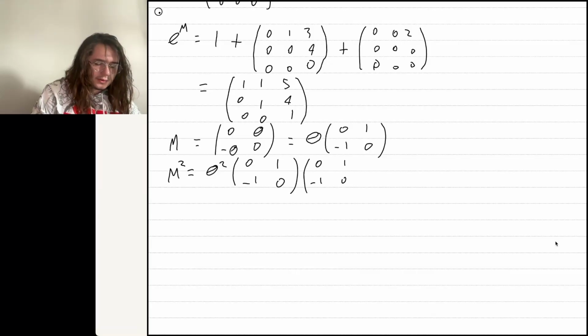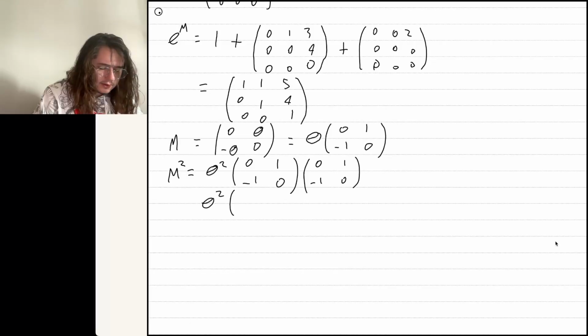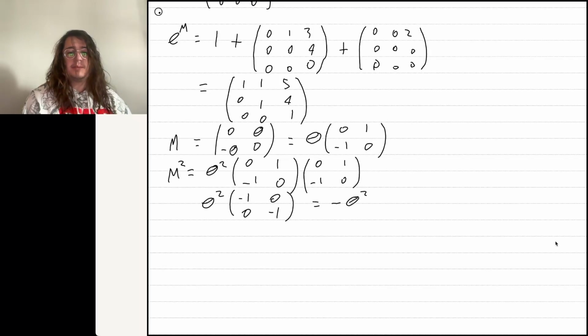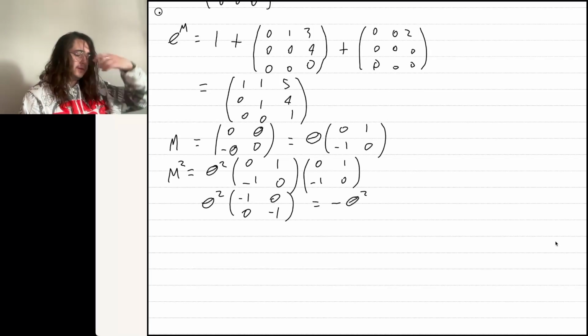And I wanted to show those matrices next to each other explicitly, because you get 0, 1, this is going to be minus 1, 0 here, and then 0, and also minus 1 here. So it's minus theta squared times the identity element, or just minus theta squared if you're feeling lazy like I am. So that's kind of crazy.